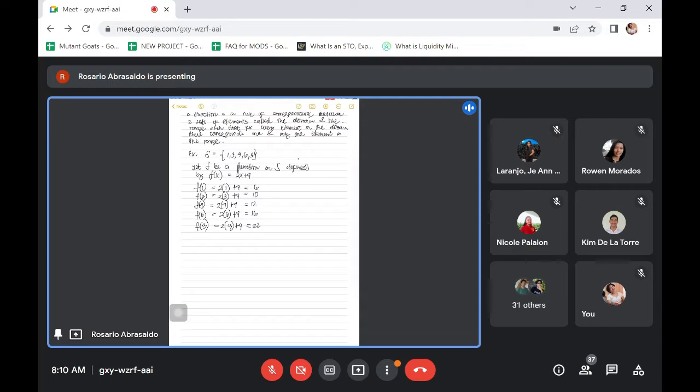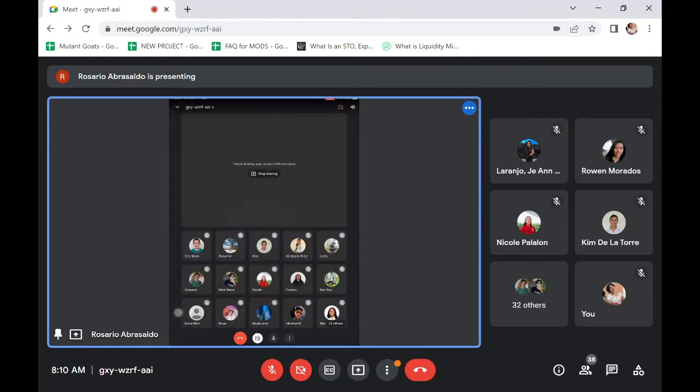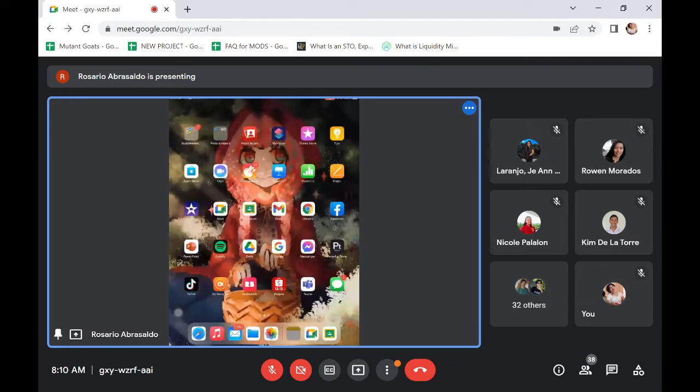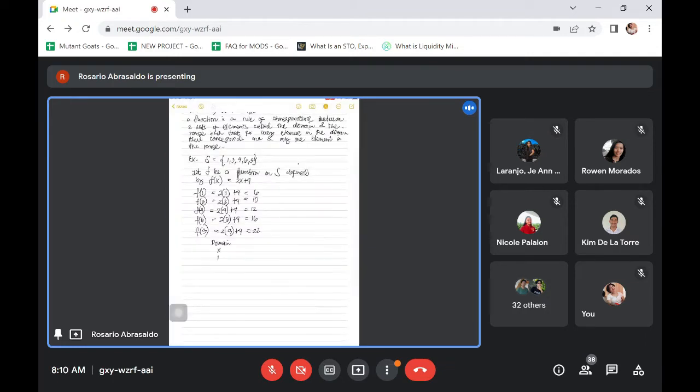So if we are going to tabulate the value of the domain, x having values of 1, 3, 4, 6, and 9 has a corresponding value, or is transformed into the set: from 1 to 6, from 3 to 10, 4 to 12, 6 to 16, 9 to 22.